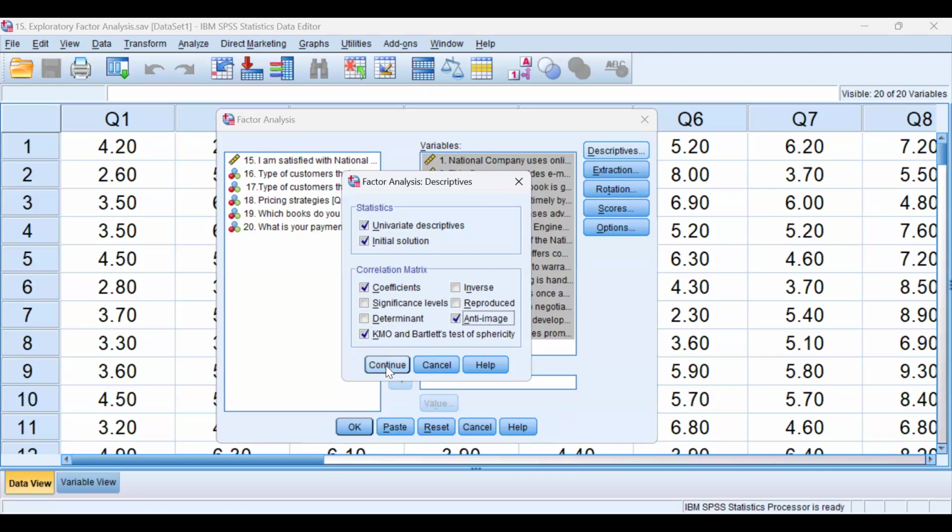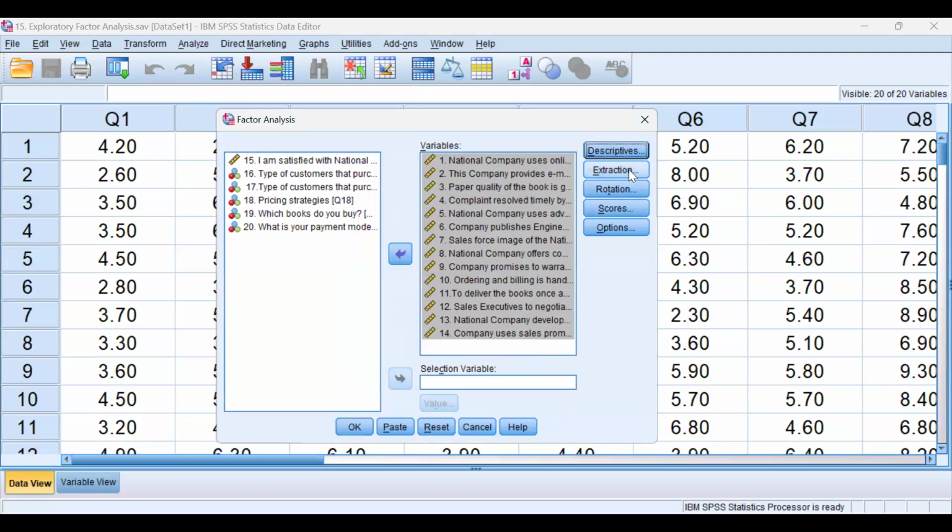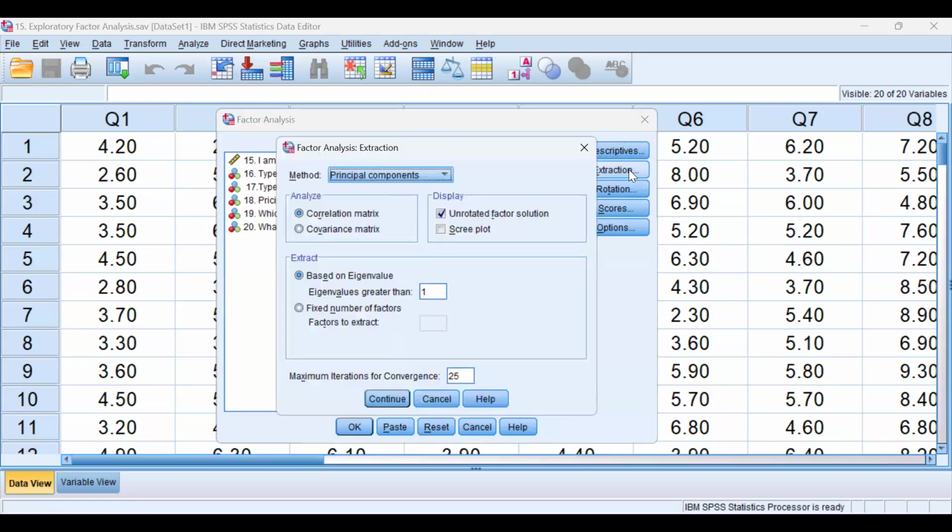So after continue, extraction. There are many methods to extract the variables or reduce the data. So unrotated by default principal component, I'm not changing anything here, and tick this option, display scree plot. I will retain those items or questions whose eigenvalue is greater than 1.